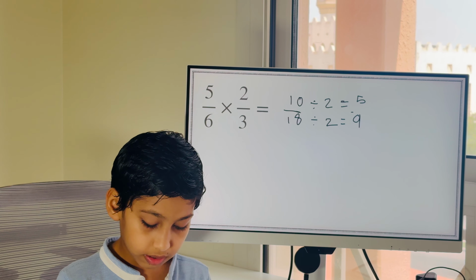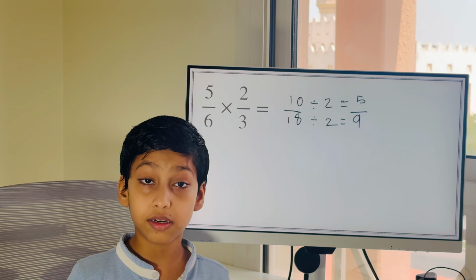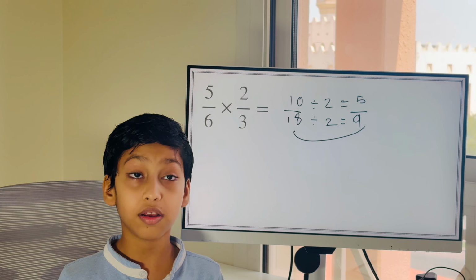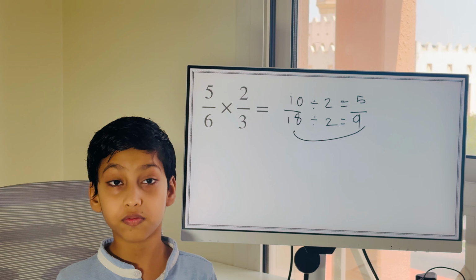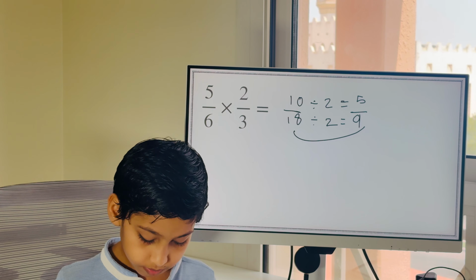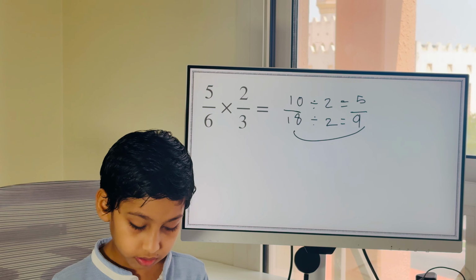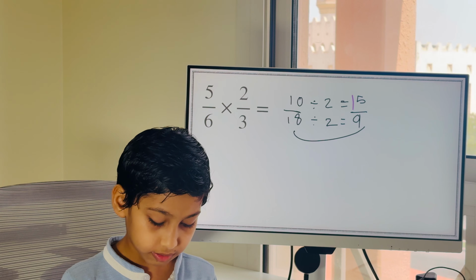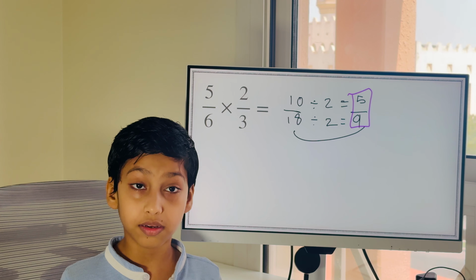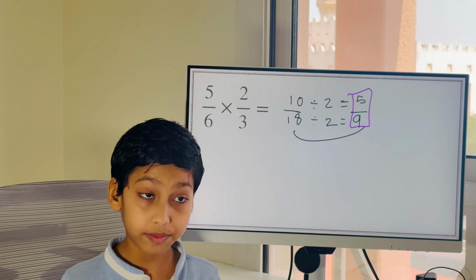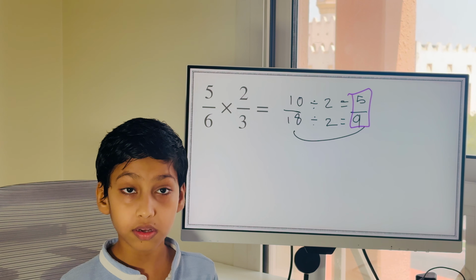And your mind might have also thought that 10 over 18 and 5 over 9 are equivalent fractions, as we have learned in the previous videos, right? So that's true. And the more correct answer in this case is this one, 5 by 9. And the process, how we have to get the easier and much smaller answer is called simplification.